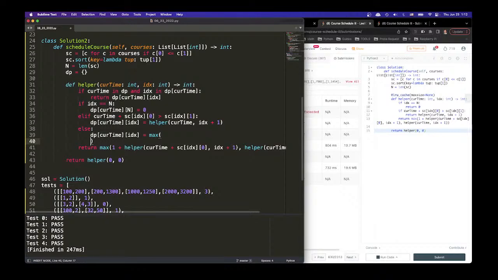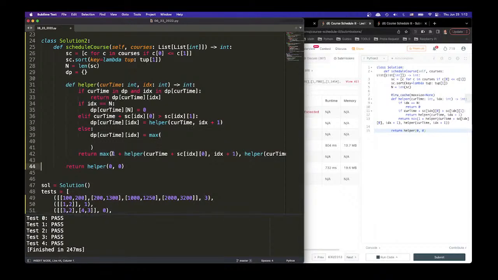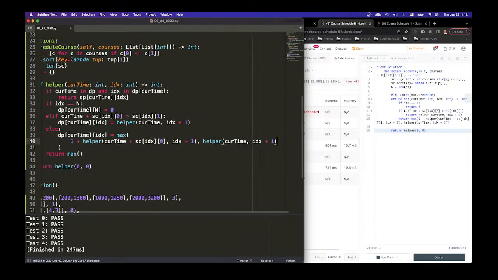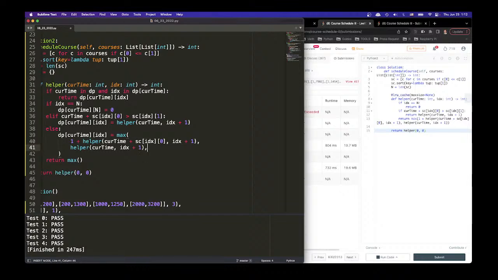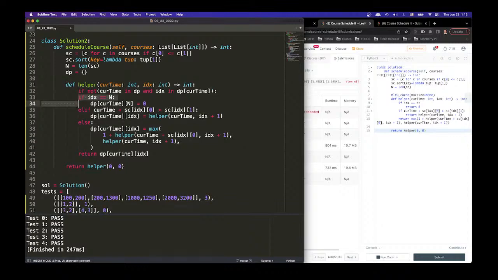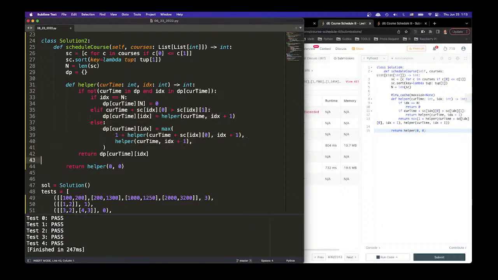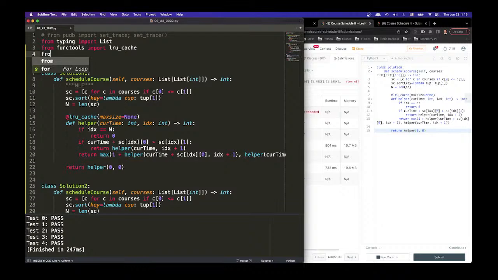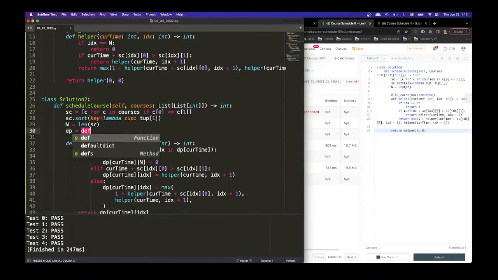to maximum, and then return index. So that's basically a default dict of a dict.